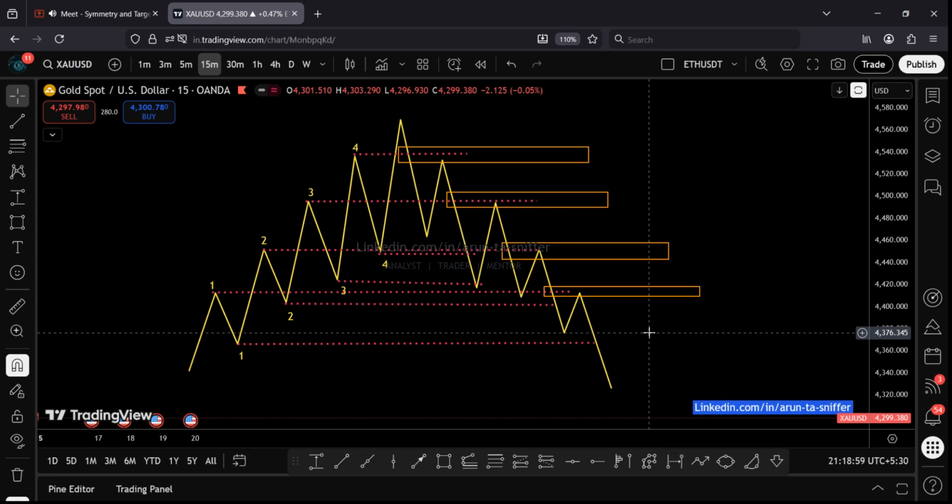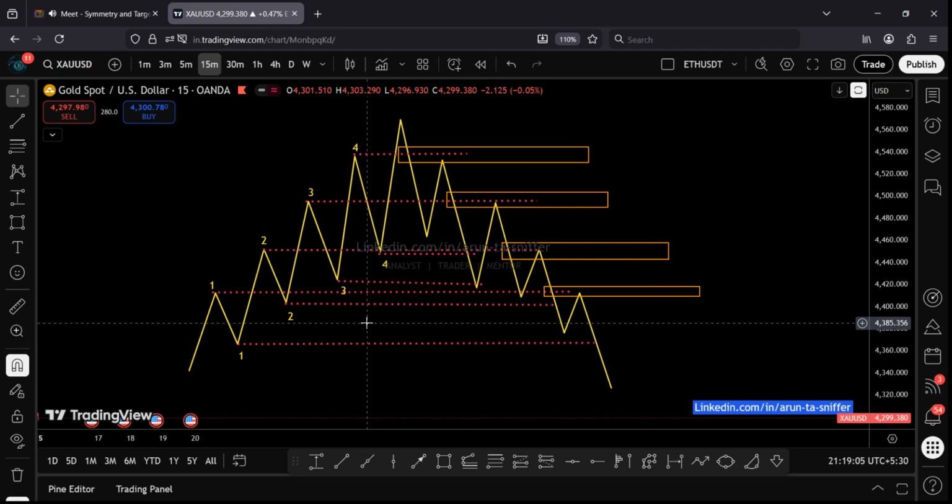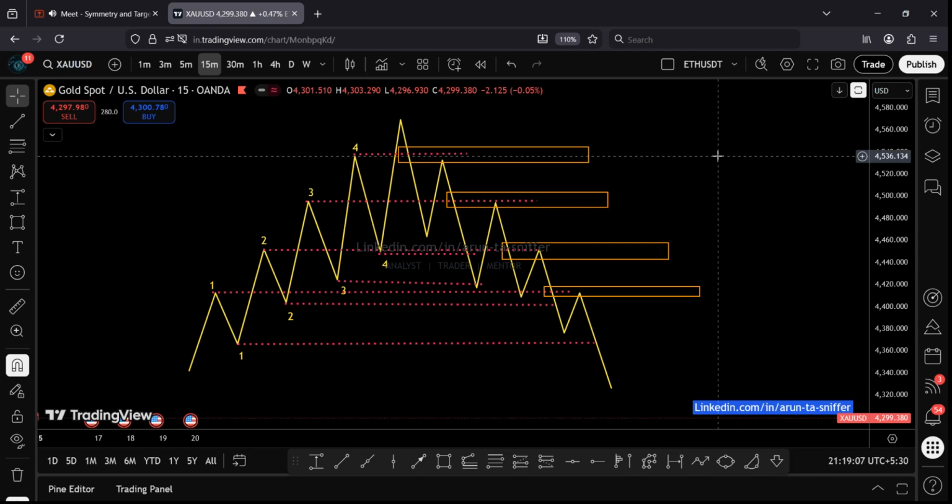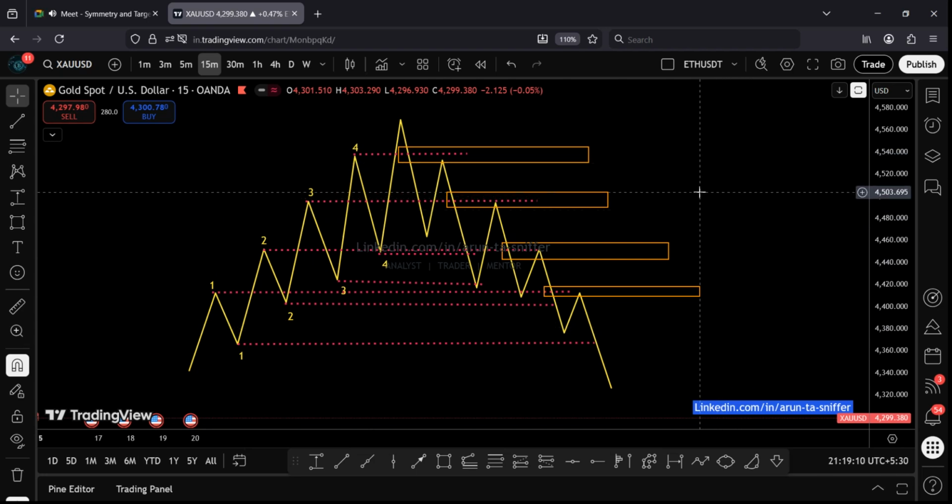This is how symmetry works in the market, and this is how we set its targets. Okay, any questions? Do you guys have any questions? No, it's clear enough.